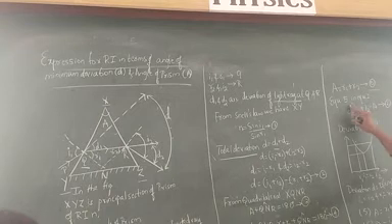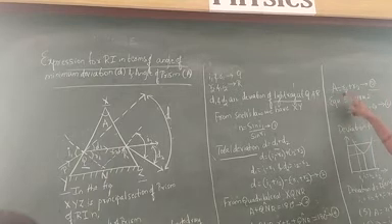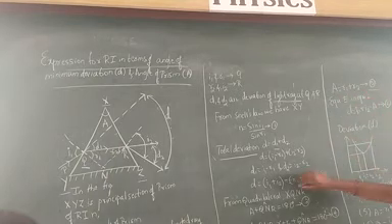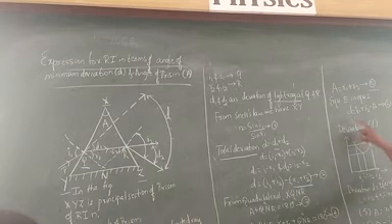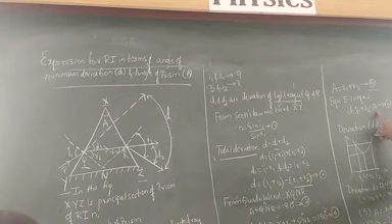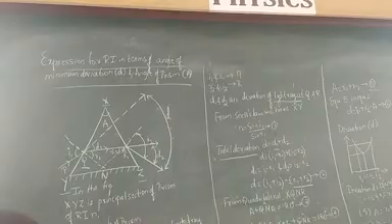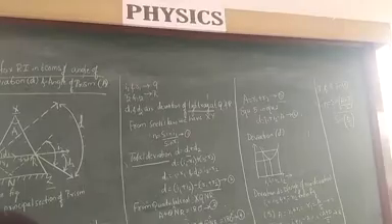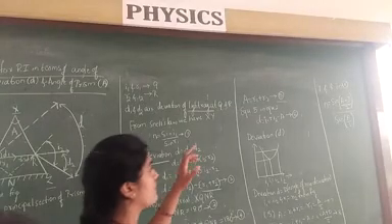Next put equation 5 in equation 2. Here A is equal to R1 plus R2. In this equation we are getting D is equal to I1 plus I2 minus capital A. A means the angle of the prism.